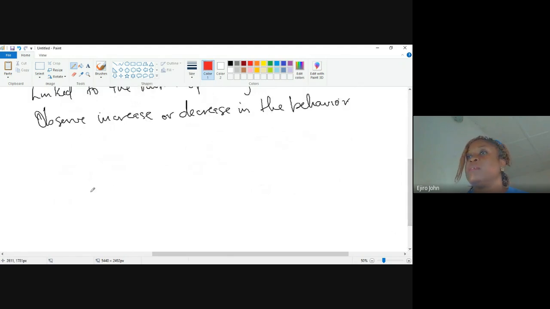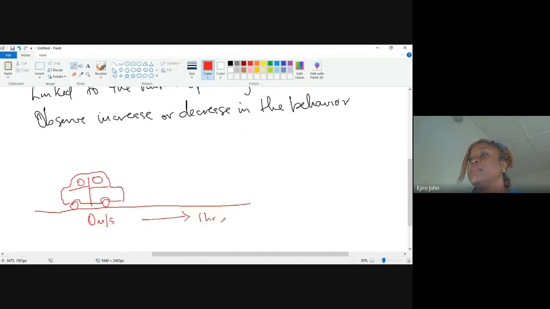And at different areas we experience different distances, we experience different speeds.